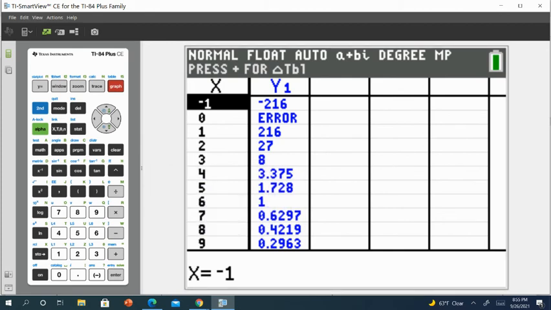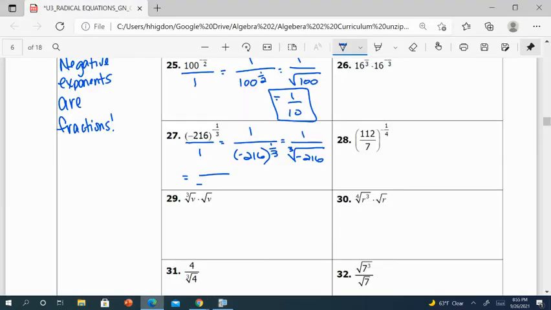It's 6. So there's no radical left here. It's just a -6 in the bottom and a 1 in the top. And please remember that we never leave negatives in the denominator. So that's going to be a -1/6.